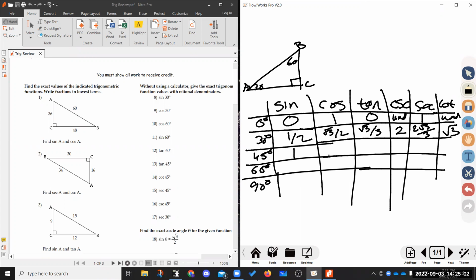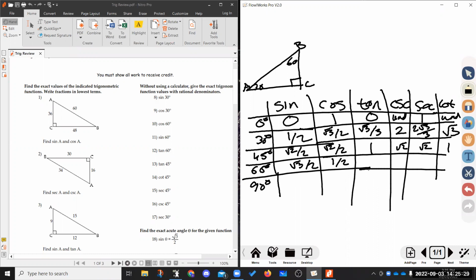For 45 degrees, cosine and sine are both 1/√2. We're rationalizing here, so this is √2/2. Tangent is 1. Cosecant is √2. Secant is √2. Cotangent is 1. For 60 degrees, sine and cosine flip places.